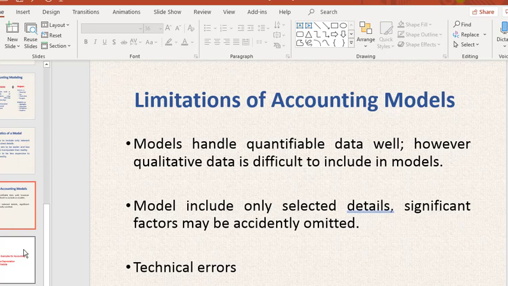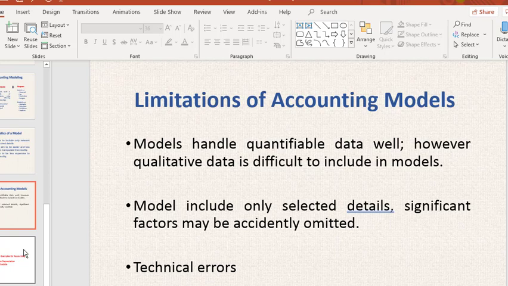Now as far as the limitations of accounting models are concerned, there are some limitations, right? We need to understand the limitations as well. So one limitation is that accounting models handle quantifiable data. Yes, in the Excel sheet, in the input area we mainly provide quantified information, but when it comes to making decisions or processing information, there is sometimes qualitative information that may not be convenient to quantify, right?